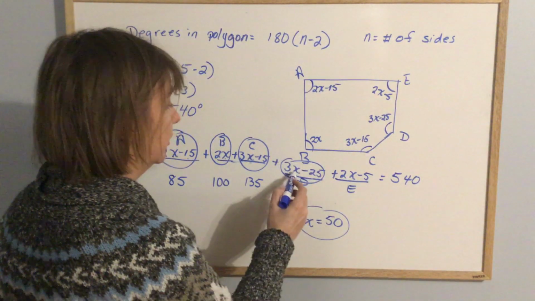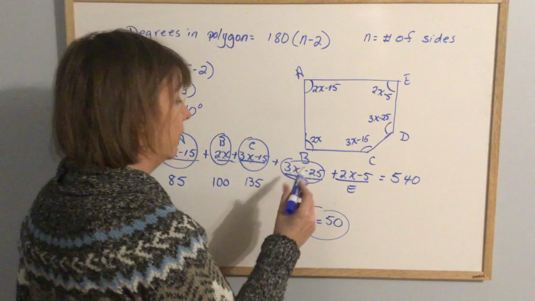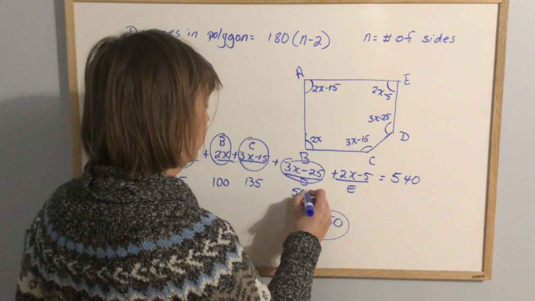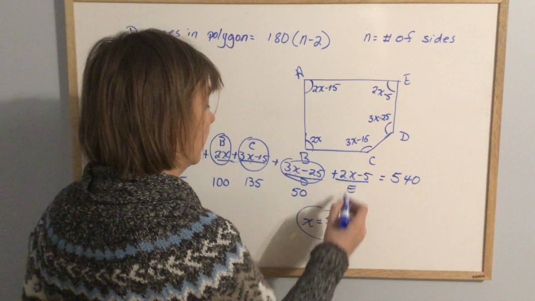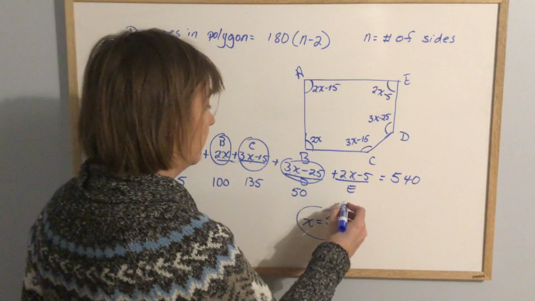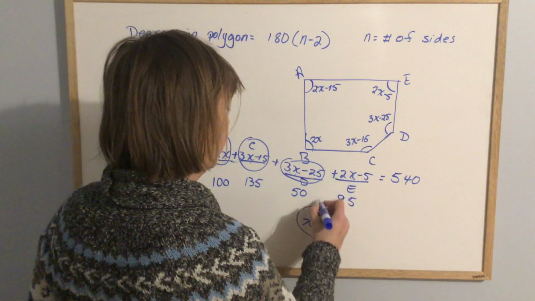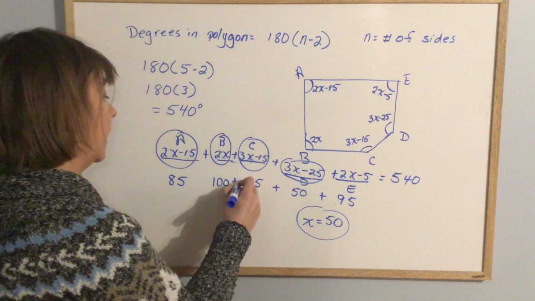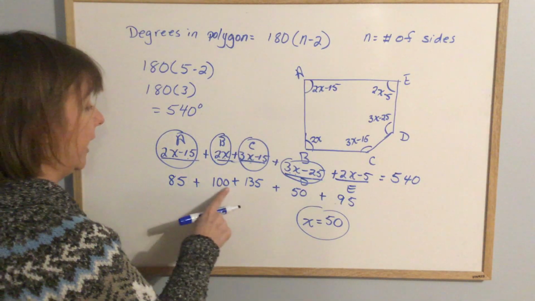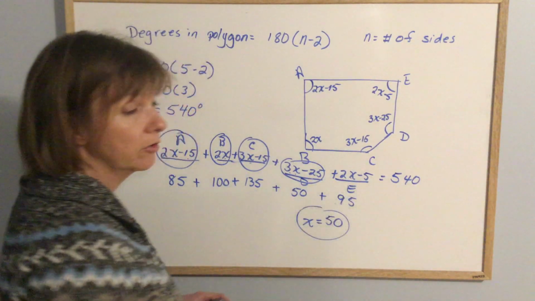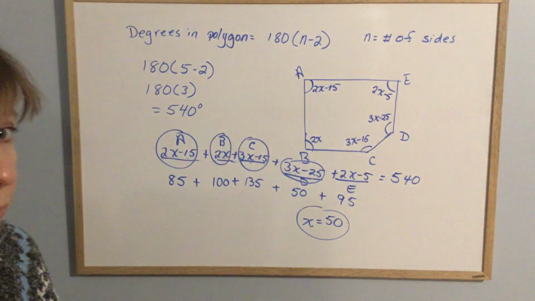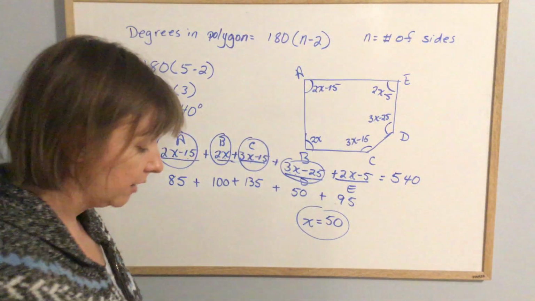Angle D, 3 times 50 is 150, minus 25 is 125. And angle E is 2 times 50, which is 100, minus 5 is 95. If I've done this right, when I add up all of these angles, it should give me 540. That's as hard as it gets.